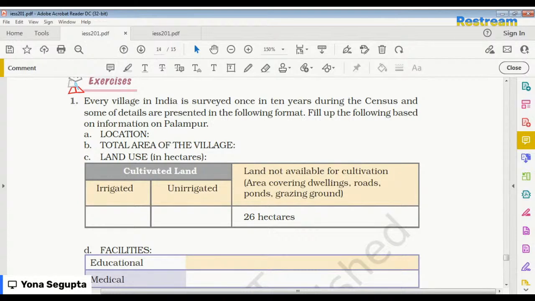So how many hectares will be in the cultivated land, the irrigated part?